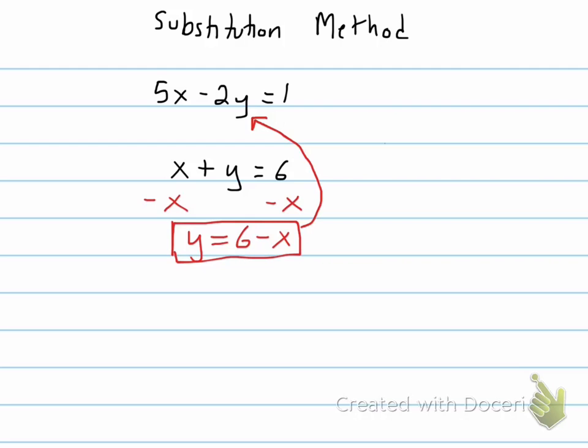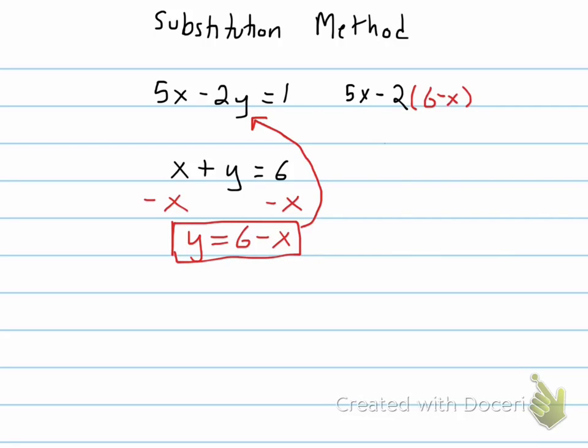So let's rewrite this. Five x minus 2. What does y equal now? Y equals 6 minus x. 6 minus x. So I plug that in, equal, and then it equals 1.